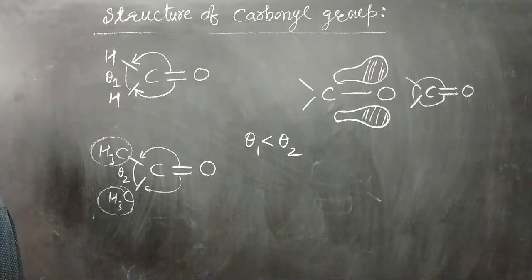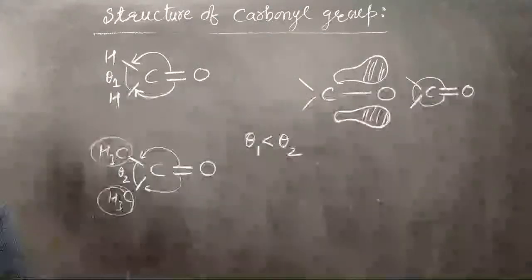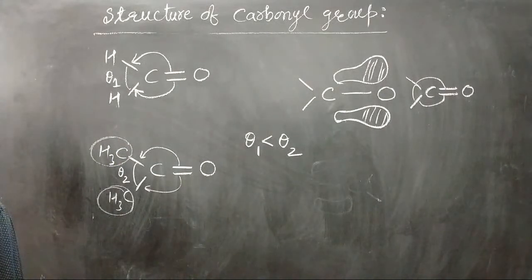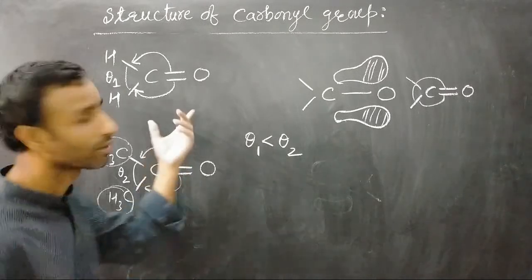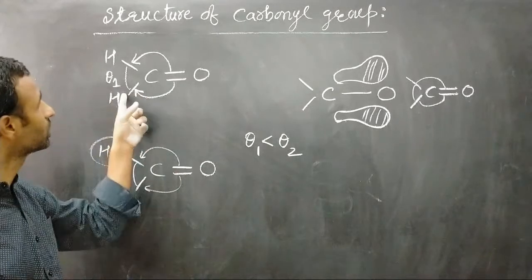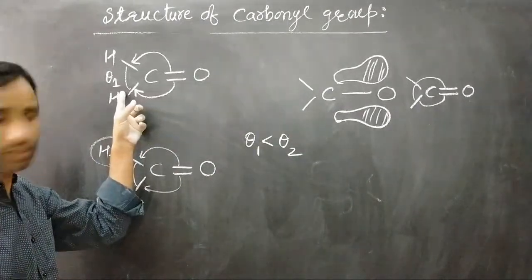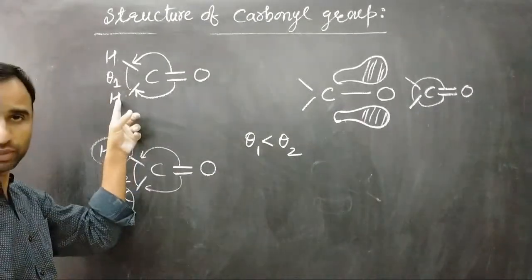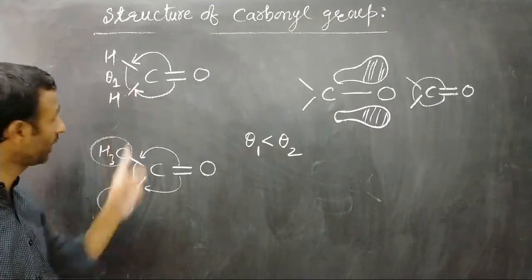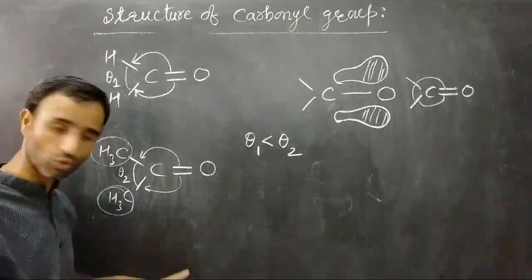Okay, Abhishek Kumar, got it? Exact angle I don't know. But it is sure that the angle between CH bonds is less in formaldehyde than in acetone.